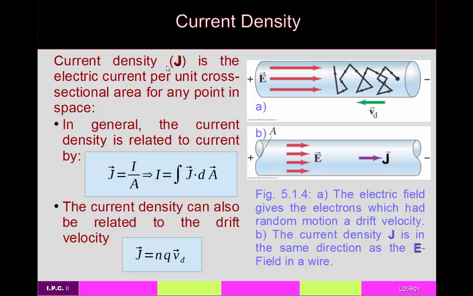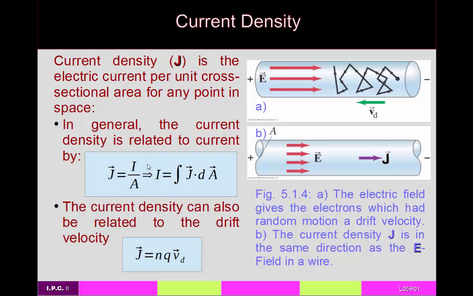By the way, it'll be taught in differential form rather than integral form in the upper level class. So current density is the current per unit cross-sectional area. So if this wire has a cross-section of A and it has a total current of I, then the current density is I over A.